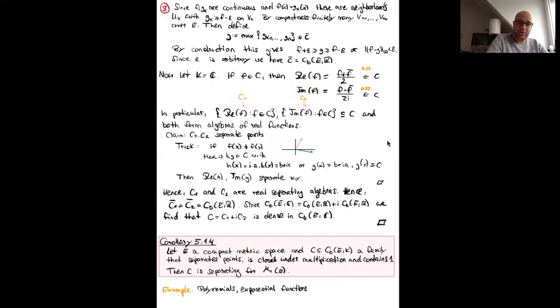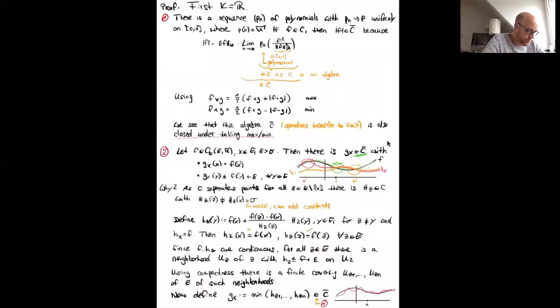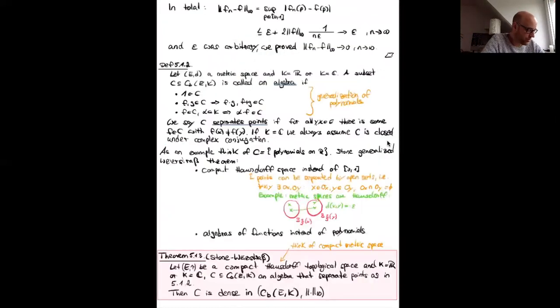So there's one tricky point that you need to keep in mind. They are algebras, so we would like to apply the first part of the theorem.